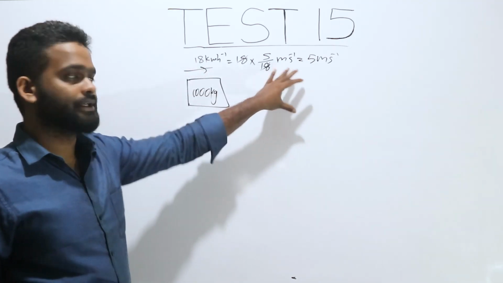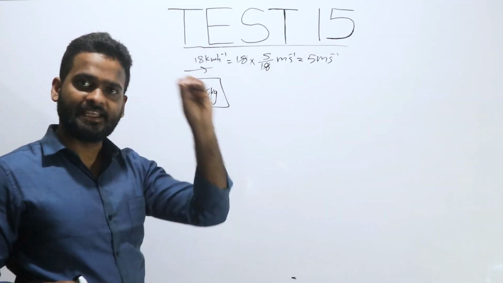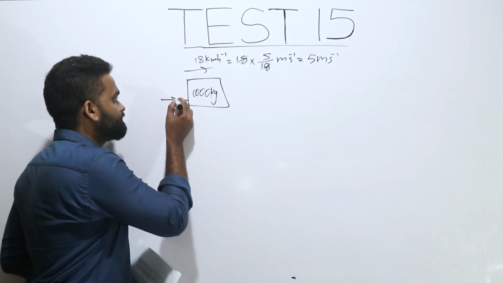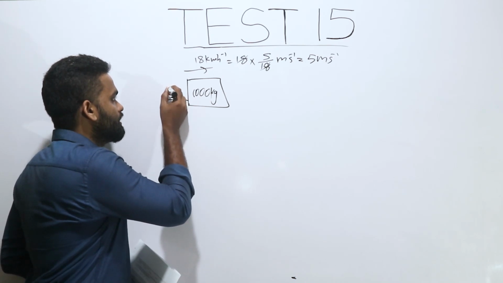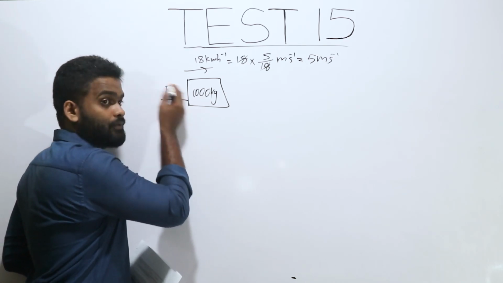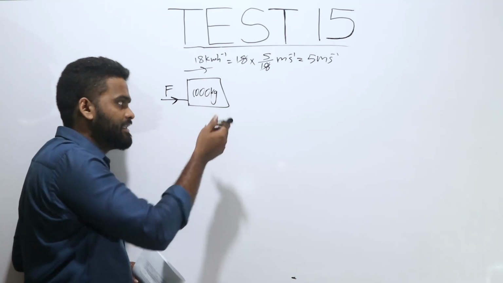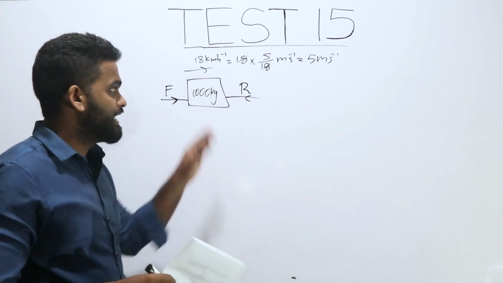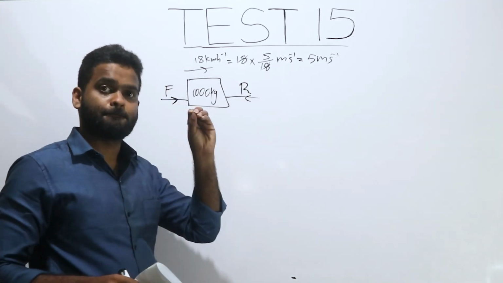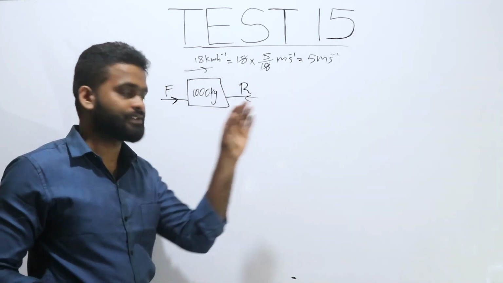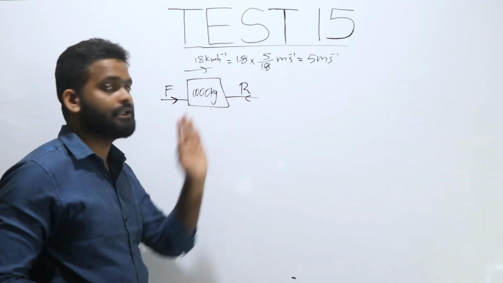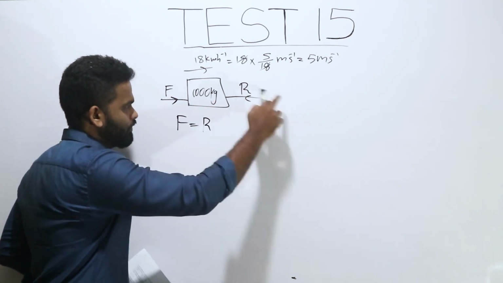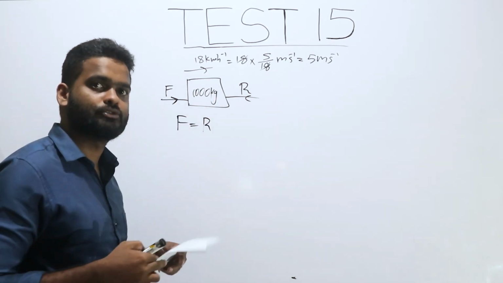Since the car is moving at constant velocity initially, let's say F is the driving force, that is the force provided by the engine, and capital R is the resistive force. If it has a constant velocity, these two forces should be equal. Horizontally, the forces should be balanced, so they should be equal.